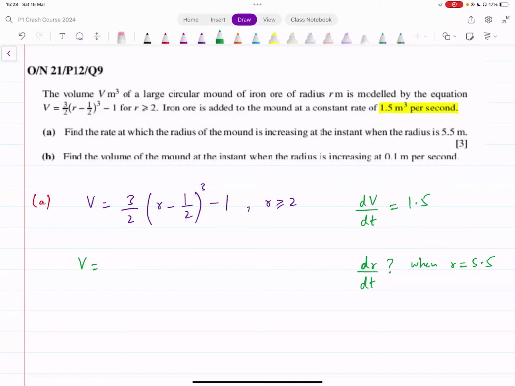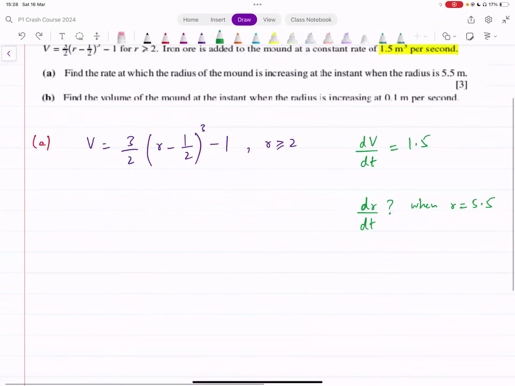You're not looking for volume. You can only input this value of r after differentiating. You are looking for the rate of change of volume and the rate of change of radius, not the actual value of the volume. So you're first going to differentiate, then put the value of r.